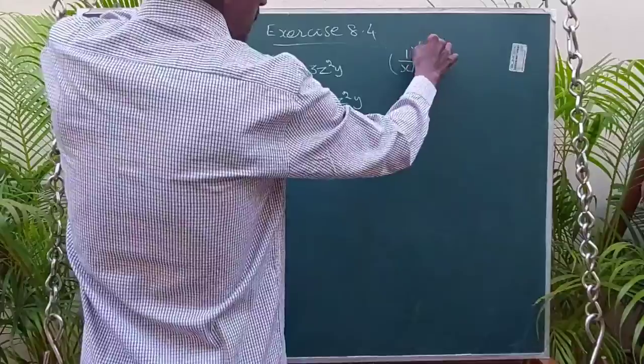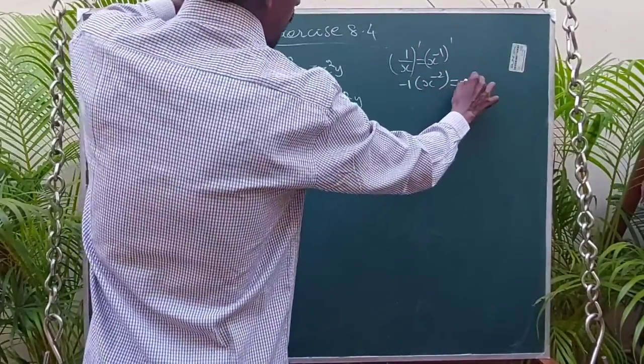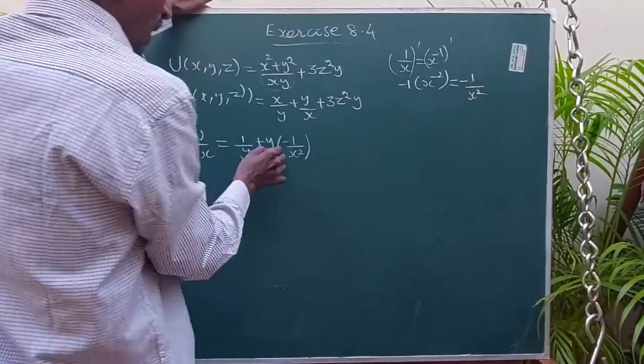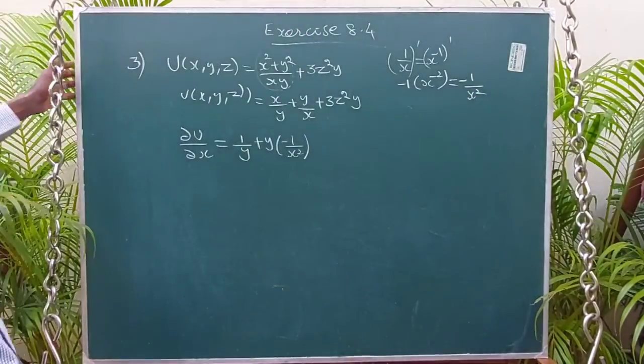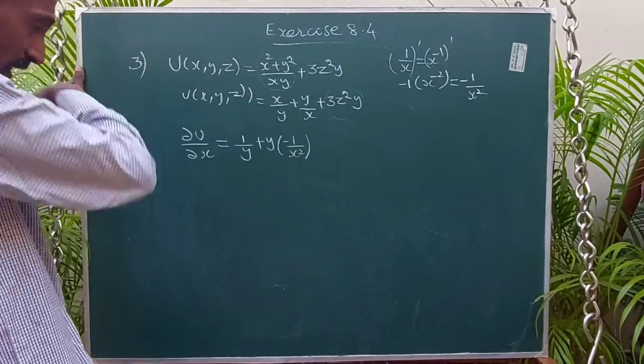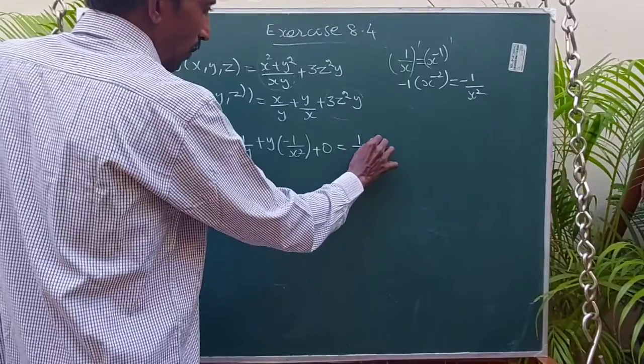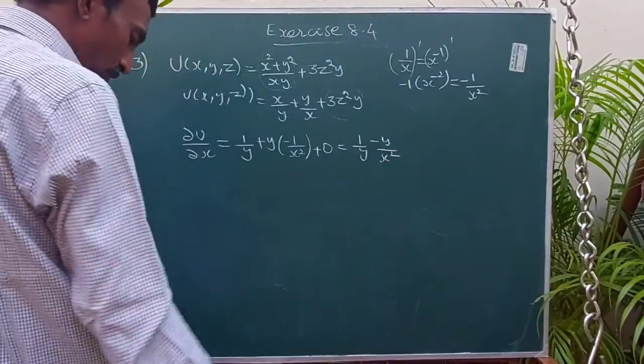Again, differentiation means n into x power n minus 1, so x power minus 2, which can be written as minus 1 by x square. I am writing directly. And the whole value is a constant, the differentiation is 0.